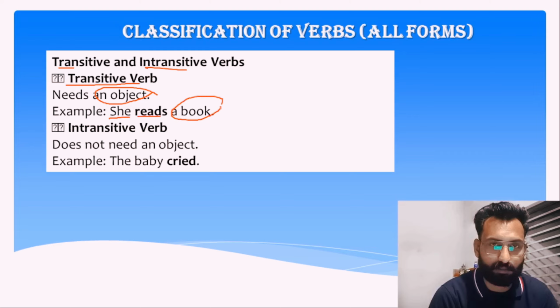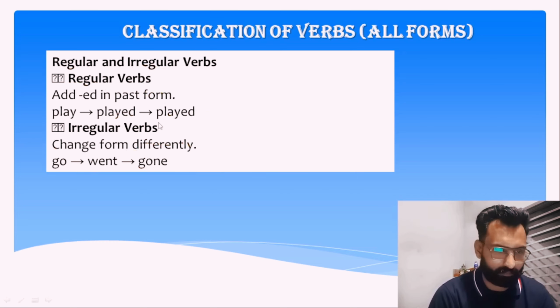So we need object here to use them. This is called transitive verb. Then intransitive verb does not need an object. For example, the baby cried. So we don't have any object here. He is sleeping. We need not object there. So these are intransitive verbs. Transitive and intransitive verb.